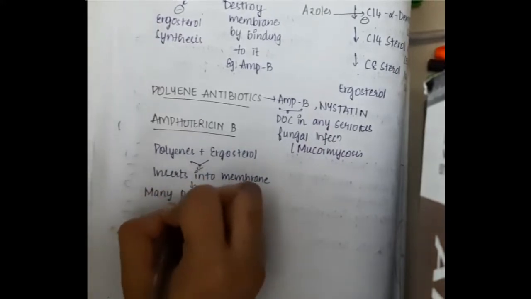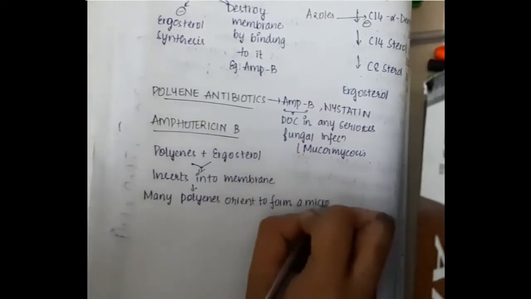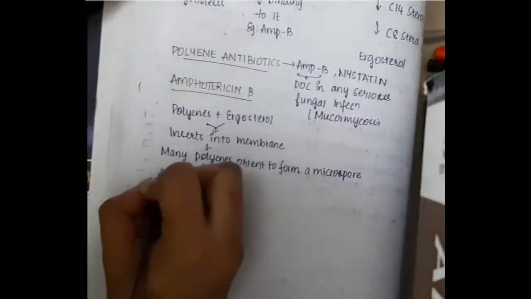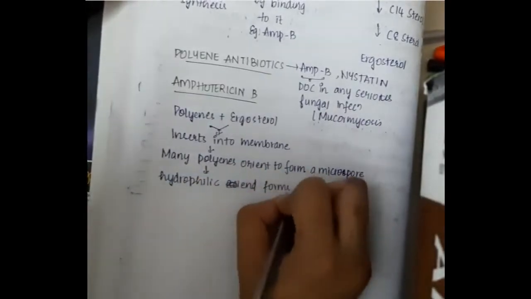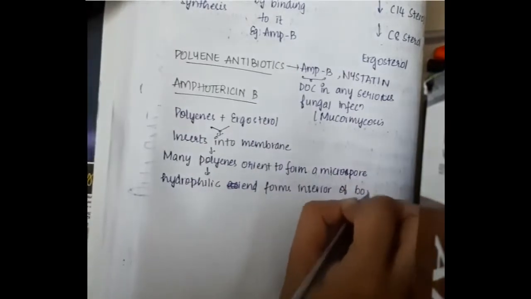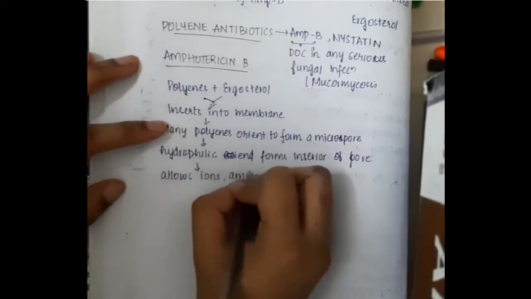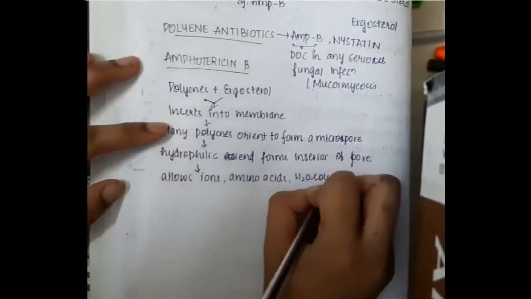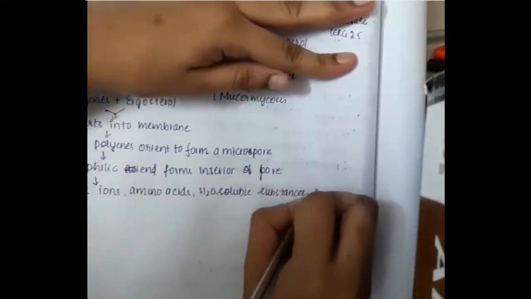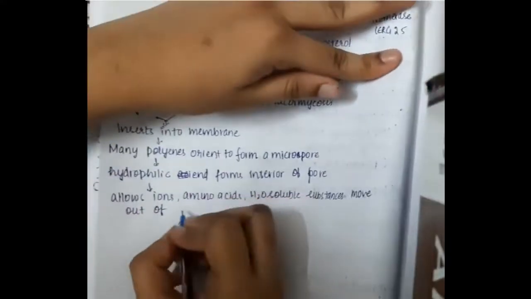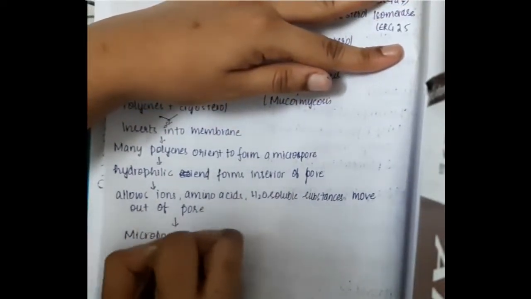Once inserted, these polyenes orient to form a small micropore in such a way that the hydrophilic end forms the interior of the pore, and thus allows ions, amino acids and water soluble substances to move out of the pore.